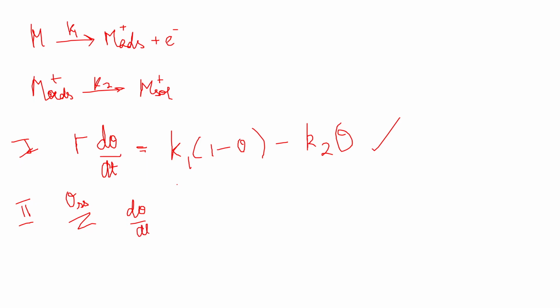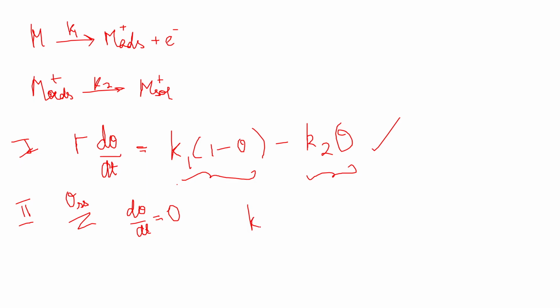That is, there is no change in the theta value over time. So that means the formation of theta in reaction 1 equals the consumption of theta. That is, however many theta sites are formed in the first step, an equivalent number of M adsorbed is lost into the solution, and the site is becoming vacant.